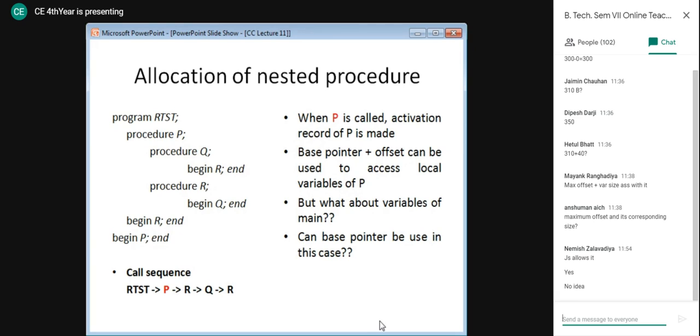But if there is some procedure which is above it or which is enclosing our procedure, so main is enclosing P, then this base pointer of P cannot be used to access variables which are local to main. Are you getting this one? This should be clear, that you cannot use the same base pointer. So we need something else that will help us maintain this connection between P and main, and for further procedures also. Following this?